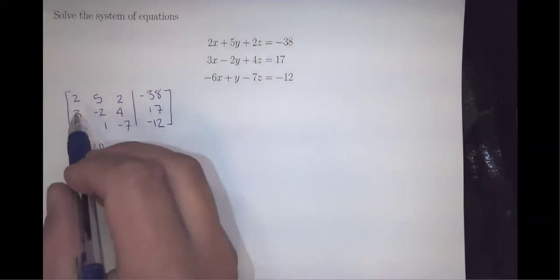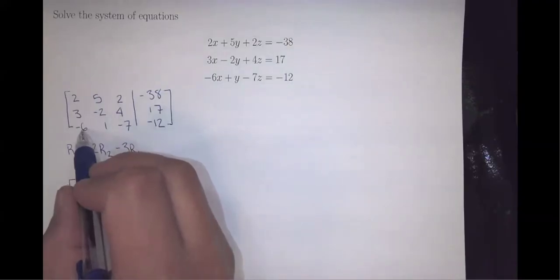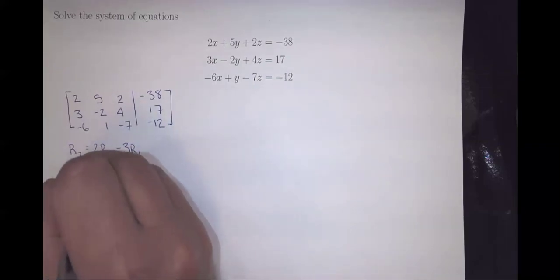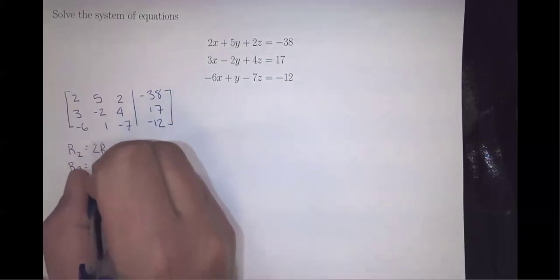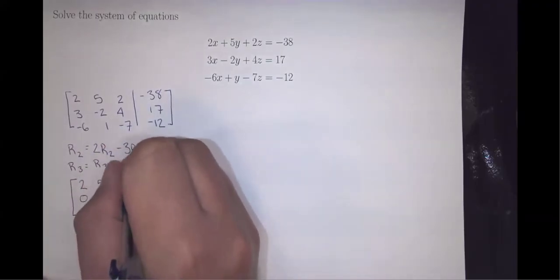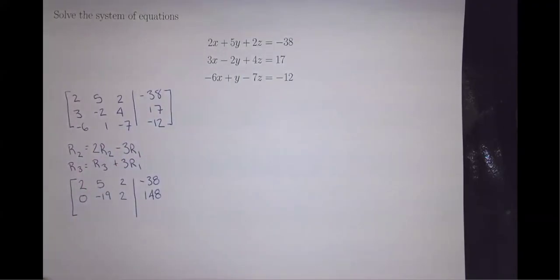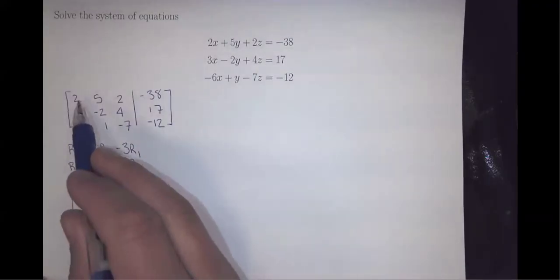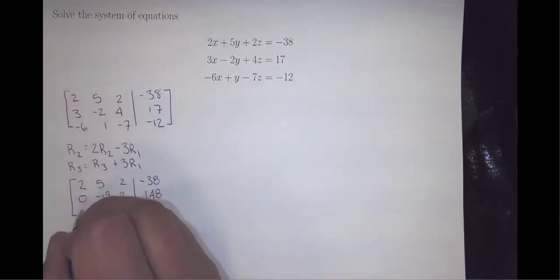Next, I need to get a 0 in column 1, row 3. So I need to take row 3 and add 3 times row 1. So my row 3 is going to be row 3 plus 3 times row 1. So I've got negative 6 plus 2 times 3 is 0.